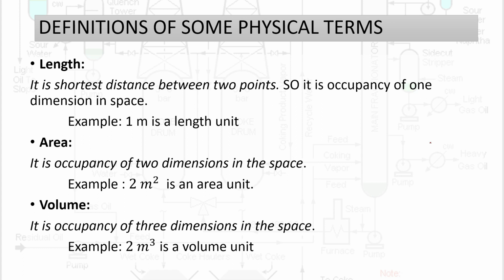As an example, if we say 2 meters square, that means an area, with units of length and width. So here you can talk about a flat surface. Volume is occupancy of 3 dimensions in space, like a cup of water, like what we are in now in our existence.